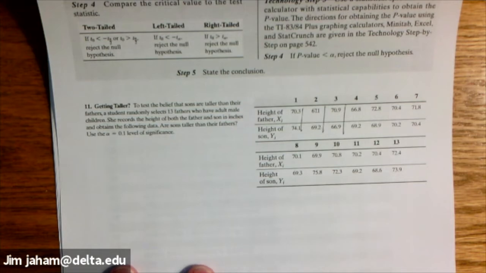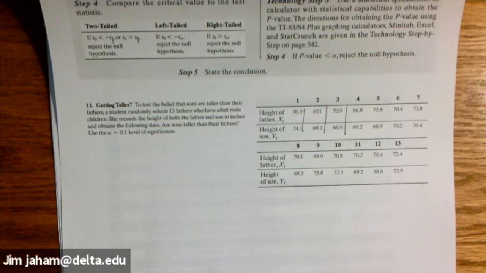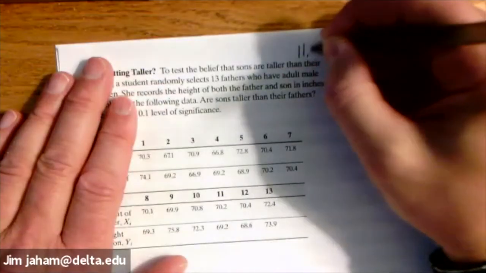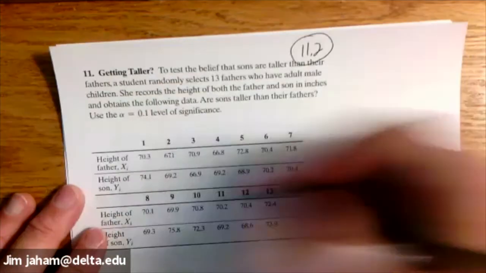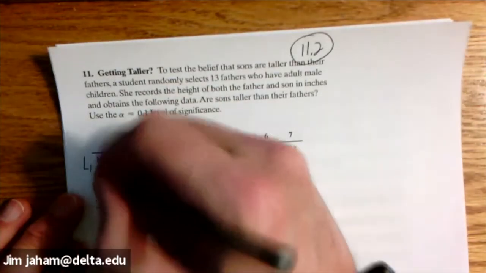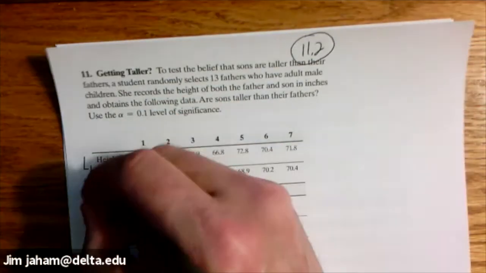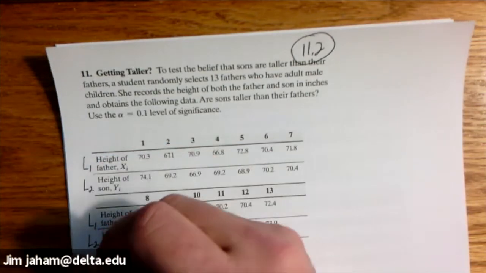All right, so you have this somewhere, and let me get a bigger copy of it here. And we'll go through this. So here's our first example. This is from 11.2. We're going to put all the father heights in L1 and the corresponding son heights in L2.